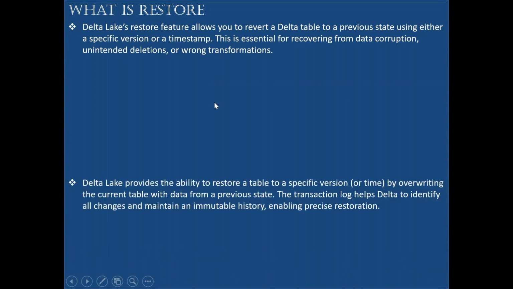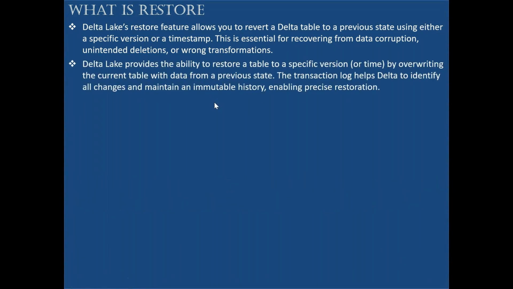Understood? Delta Lake provides the ability to restore a table to a specific version or time by overwriting the current table with the data from a previous state. The transaction log helps delta identify all changes and maintain an immutable history, enabling precise restoration.